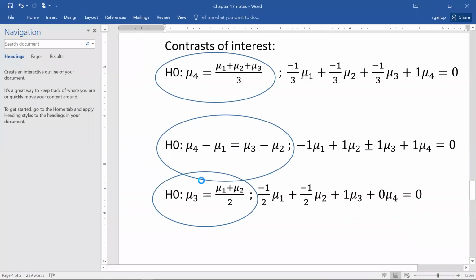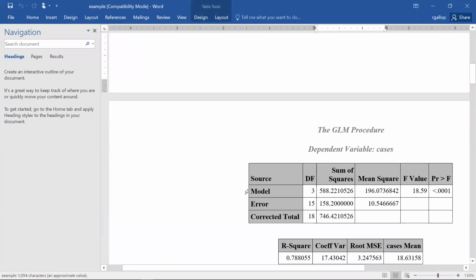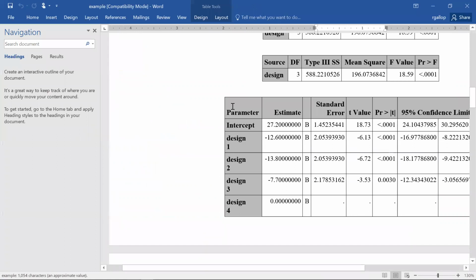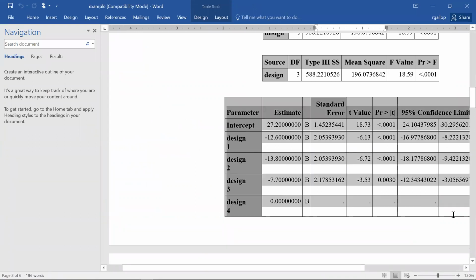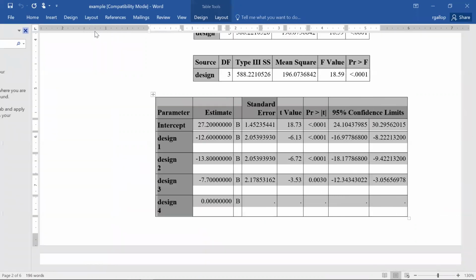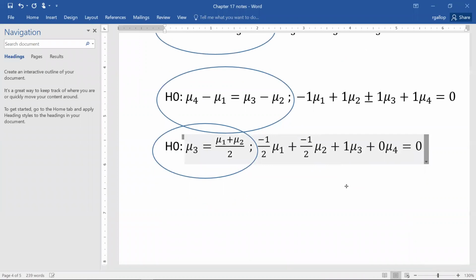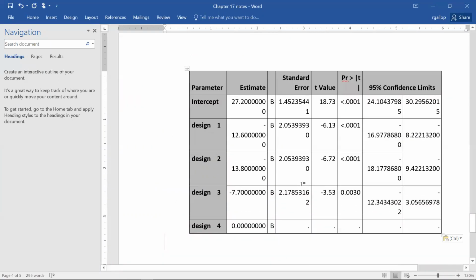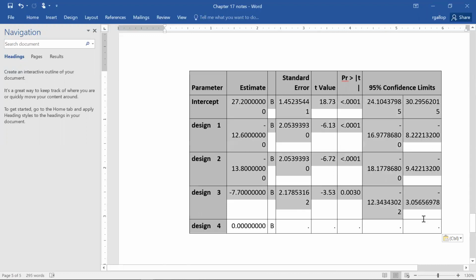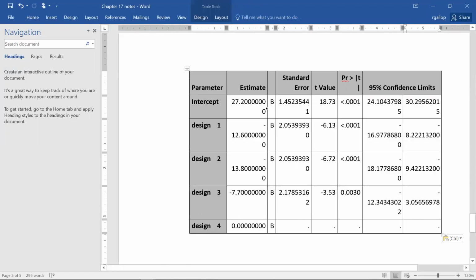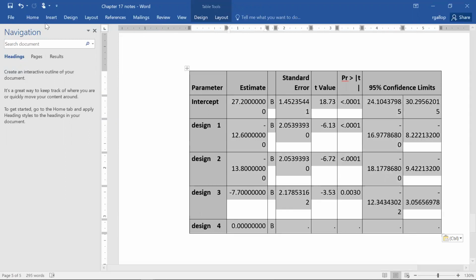Again, we already know what's going on with the output. So I'm going to bring this out of Word. I'm going to take it to our table right there.